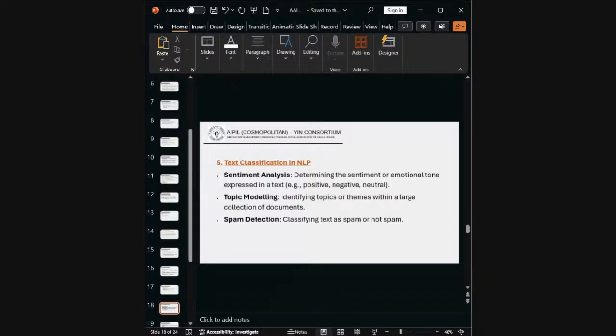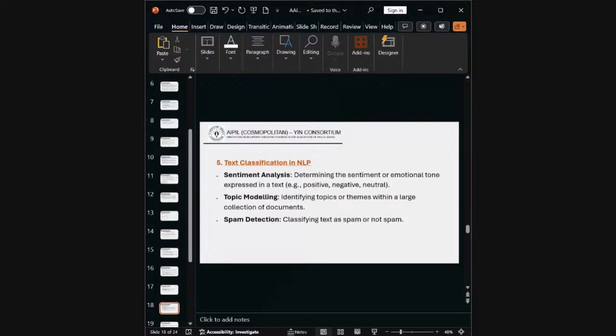Okay. Now, number 5 says text classification: sentiment analysis. Like we said before, you're analyzing sentiment. And you know what sentiment is? Emotional tone, your mood. It can detect your mood using different parameters, whether it is positive, negative, or just neutral, and be able to reply to you based on your sentiment. Just imagine that.